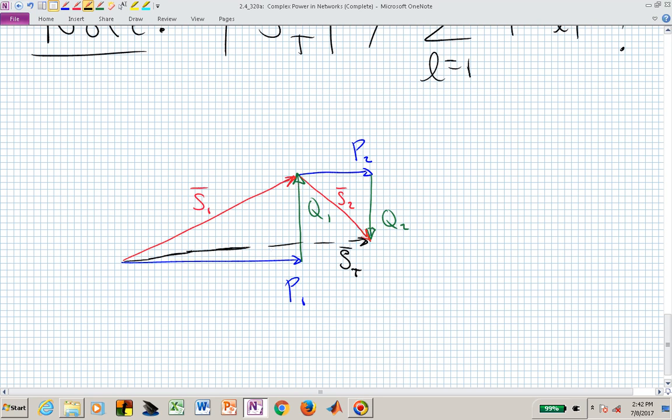Hopefully you can see that the length of that total complex power would not be the same, since it's really the third side of a triangle formed from S1 and S sub 2.